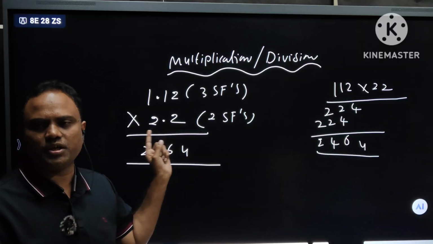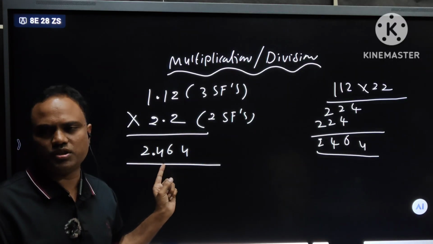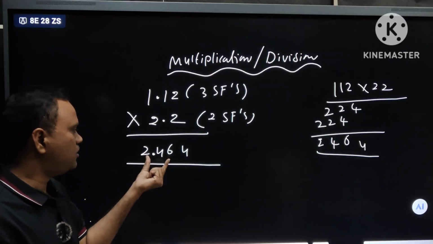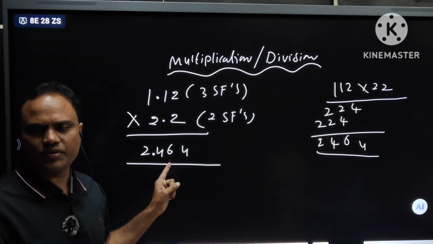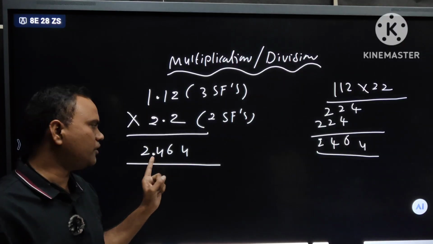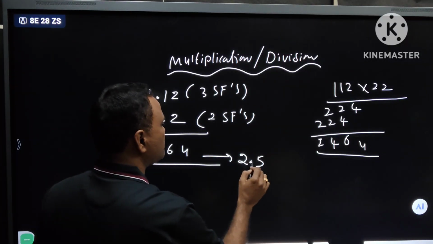In this, how many significant figures are present? 2. So here you have to maintain 2 significant figures. Which number do you have to remove? 6. Is 6 greater than 5 or not? Yes. So add 1 to the previous number. 2.5 is the answer.